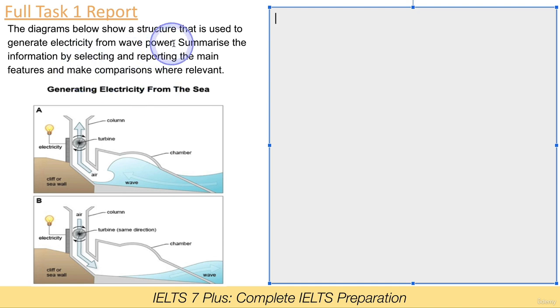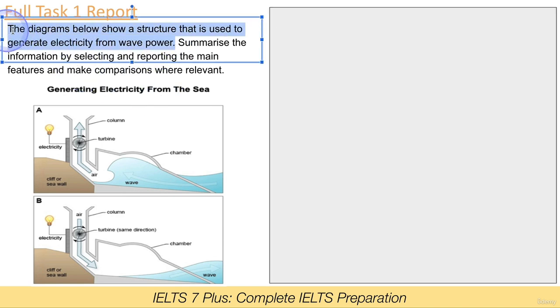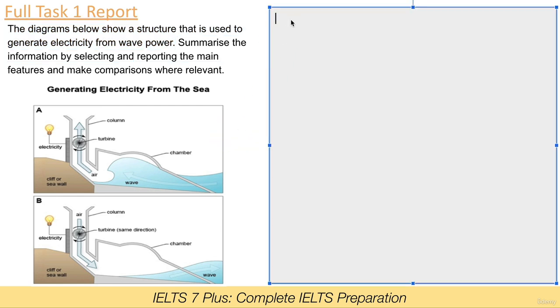Of course, we need to paraphrase, you guessed it. So we need to look at this sentence here and think about how we can paraphrase. So the diagrams below, I quite like the word pictorials, that's quite nice.